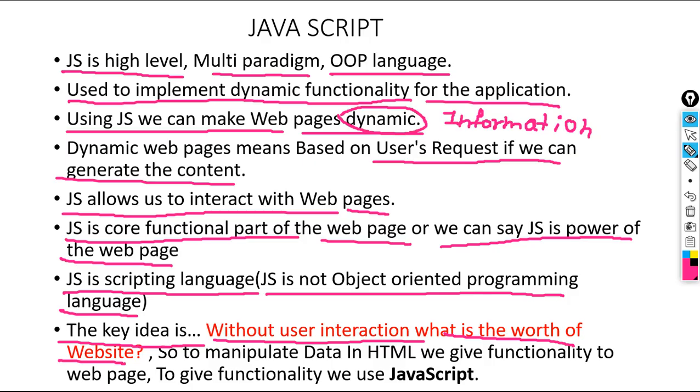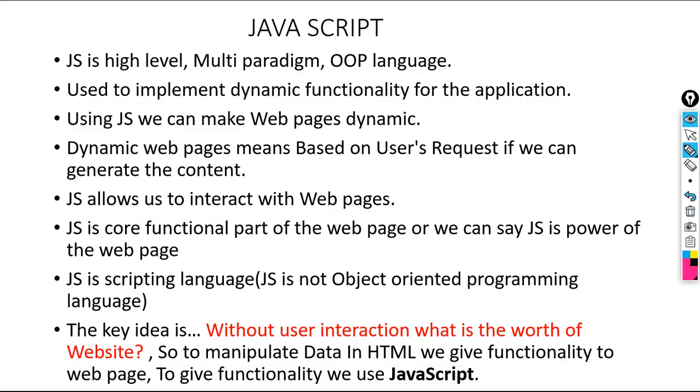That will not happen with the help of HTML only. That will happen with the help of JavaScript. So to manipulate data in HTML, we give functionality to the web page. To give functionality, we use JavaScript. Now let's move forward.